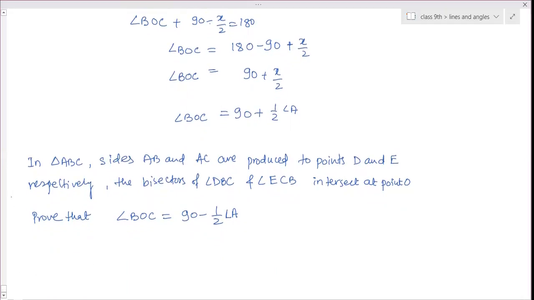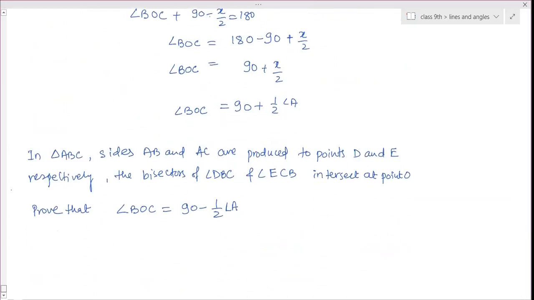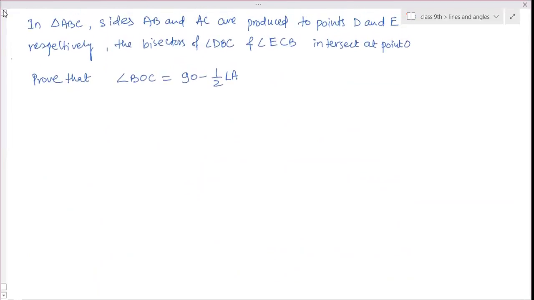Okay, so read the question. This is somewhat similar to the earlier one, but somewhat different also. How is it different, tell. So in triangle ABC, sides AB and AC are produced to points D and E. So first, triangle ABC.